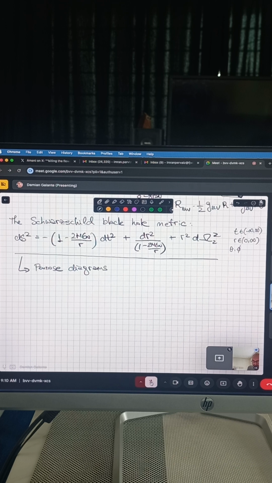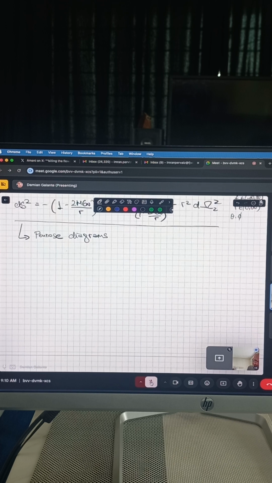And we discussed that this black hole can be drawn as something like this. So these null surfaces over here were infinity. The property of this diagram is that light travels at 45 degrees.